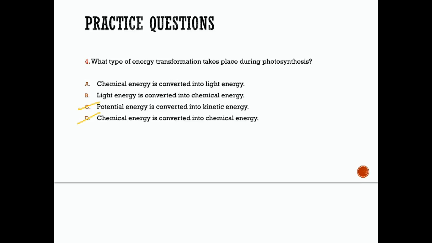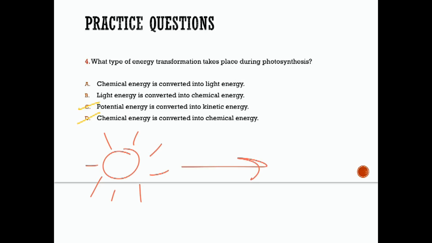Okay, so let's look at A and B. And when you think about photosynthesis, during the process of photosynthesis, you've got to remember the sun, okay? So that is light energy. Okay, so light energy is converted into chemical energy.